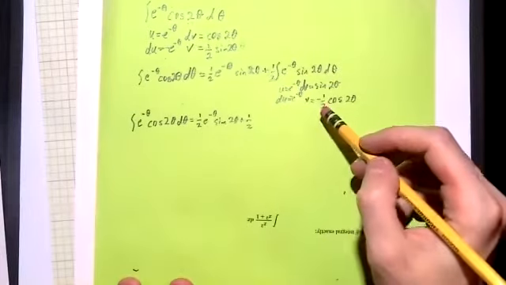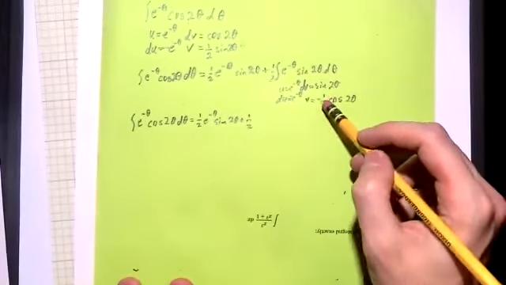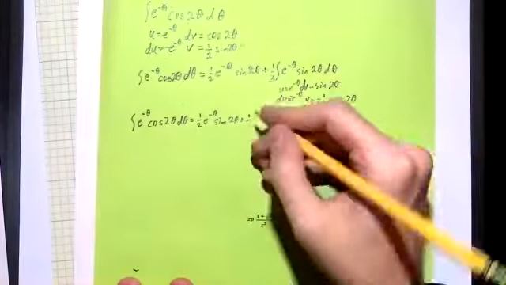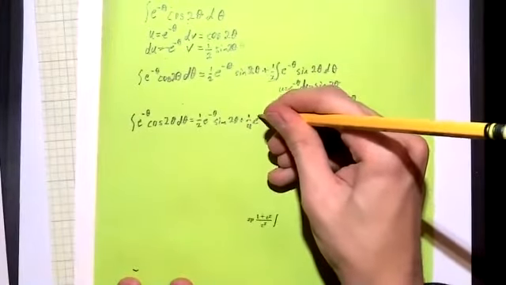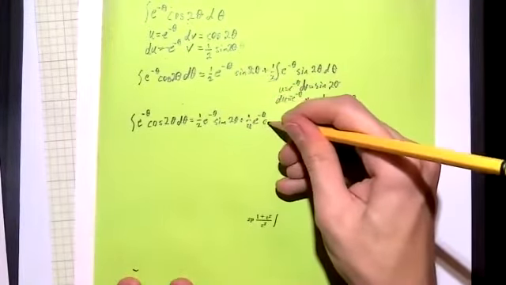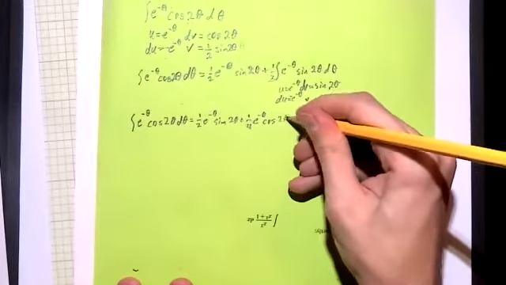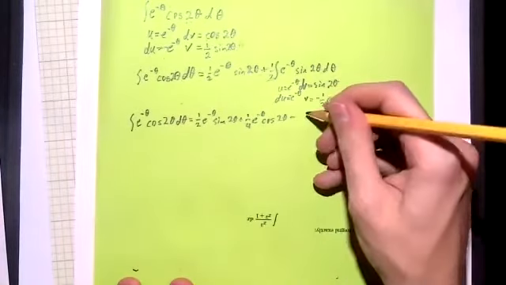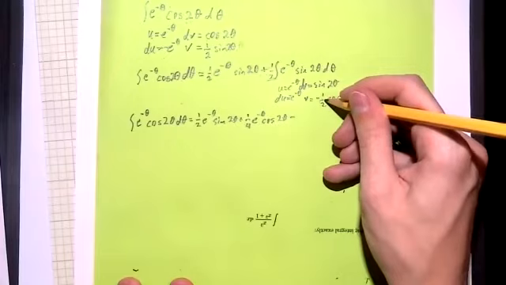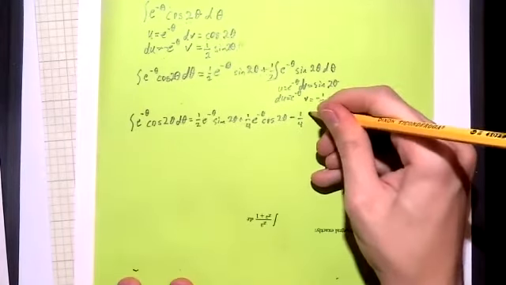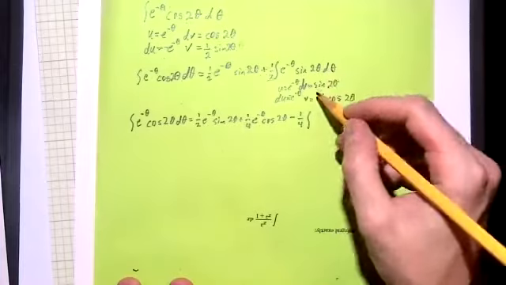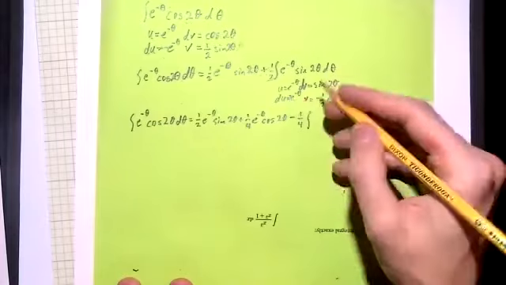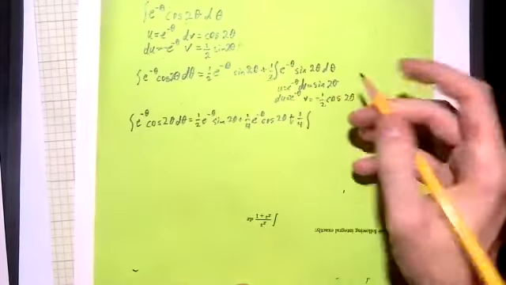And then we get plus, and then it's 1/2 times, so it's u and v again. So you'll notice we already have a 1/2 there, so we can actually make this 1/4. 1/4 e to the negative theta cosine 2 theta. And then minus 1/2 and then times v again, so 1/4 the integral v du again, so we have a negative in the du, so we can just make that positive.